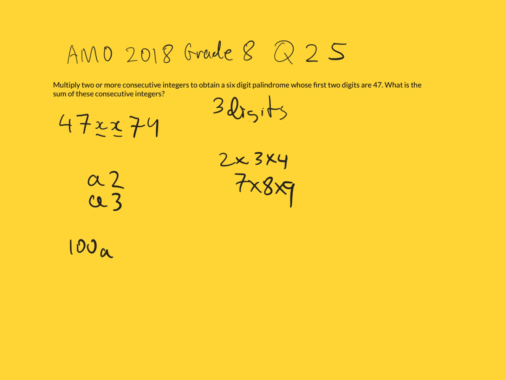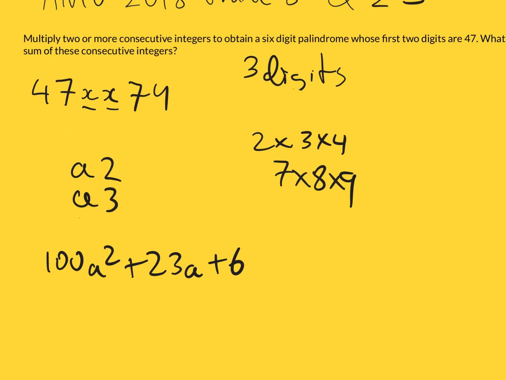It's 100A squared plus 23A plus 6 because, well, you have here 10A and this is also 10A. So then if you do the multiplication and stuff, you indeed get this result, right? You're imagining A to be 10A because this A2 as a number is equal to 10A plus 2 as a numerical value.